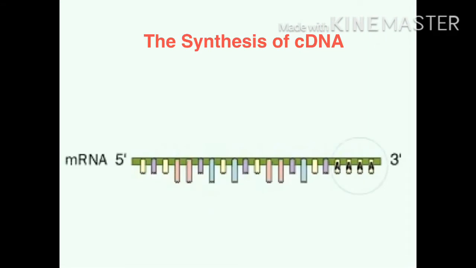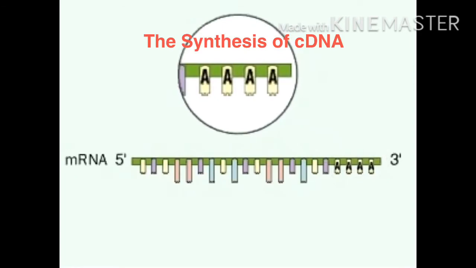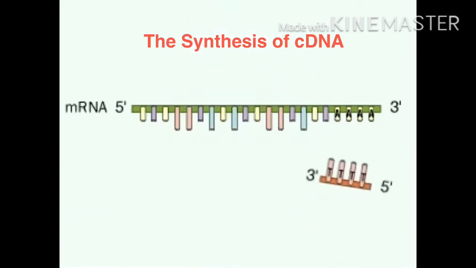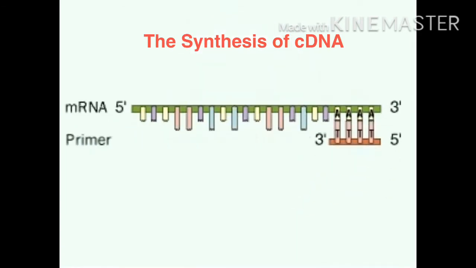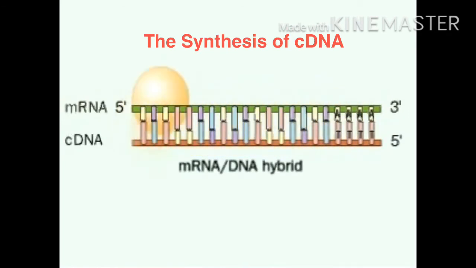A messenger RNA molecule has a 3' poly A tail. So, using an oligo-dT primer and reverse transcriptase, a complementary strand of DNA, or cDNA, is synthesized, forming an mRNA-DNA hybrid.